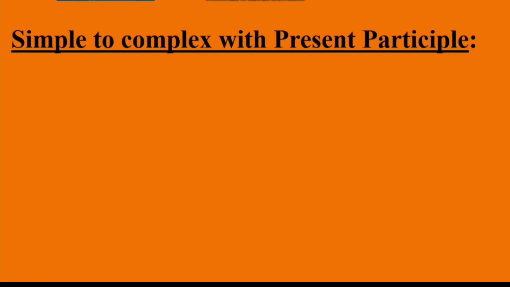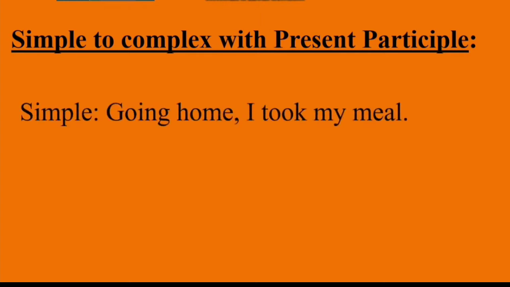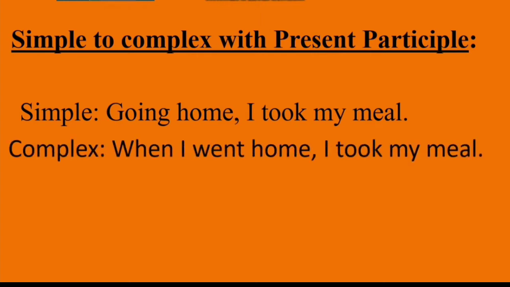Now we are going to learn how to change simple to complex. The first one, simple to complex with present participle. Simple sentence: Going home, I took my meal. Then complex sentence: When I went home, I took my meal.